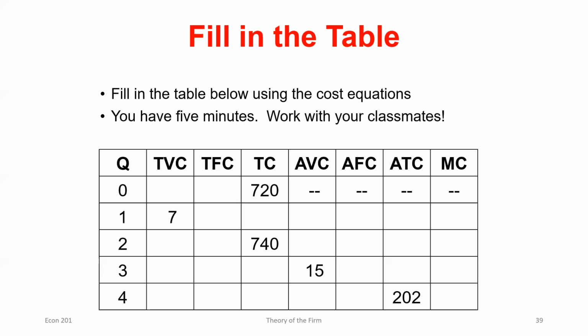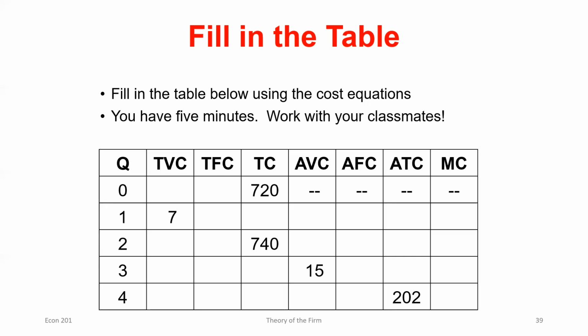So if I'm thinking about my total cost, that's fixed costs plus variable costs. Here, I think I wrote this as total fixed costs and total variable costs, but same idea.